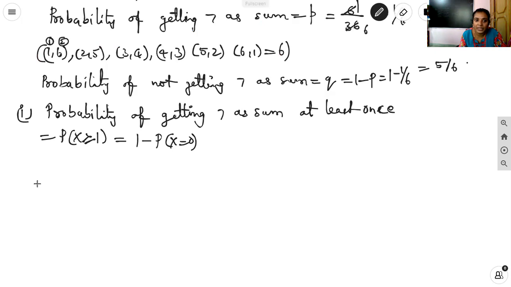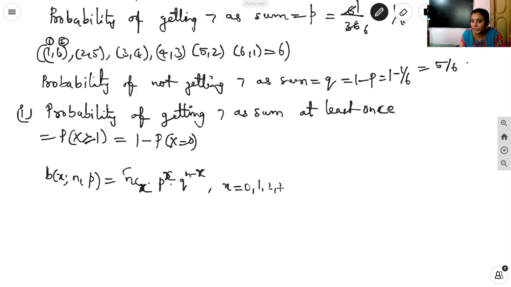Because from the binomial distribution, that is B of x such that n comma p is equal to nCr p power r q power n minus r, or nCx p power x q power n minus x, where x starts from 0, 1, 2, 3, and so on up to n. Here x greater than or equal to 1 means we are taking 1 to n.